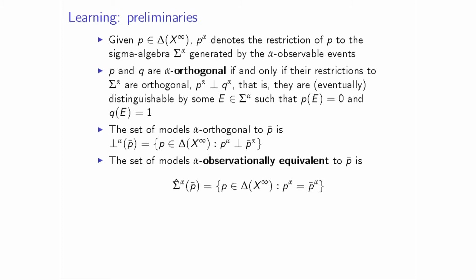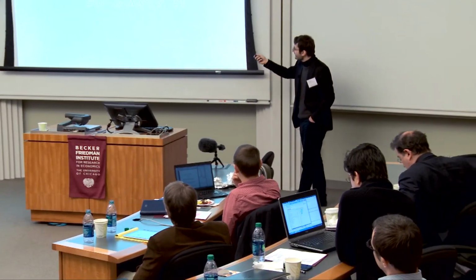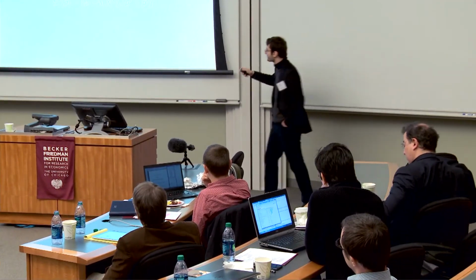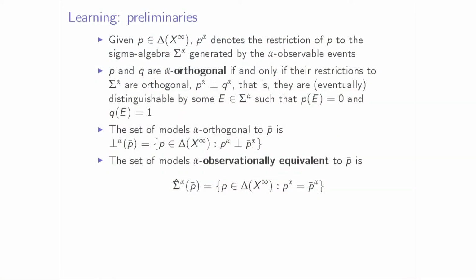Given the true model P bar, I denote the set of alpha orthogonal models by orthogonal alpha P bar. On the other hand, the models that are observationally equivalent, that is, that coincide with the true model over sigma alpha, are denoted by sigma alpha P bar.